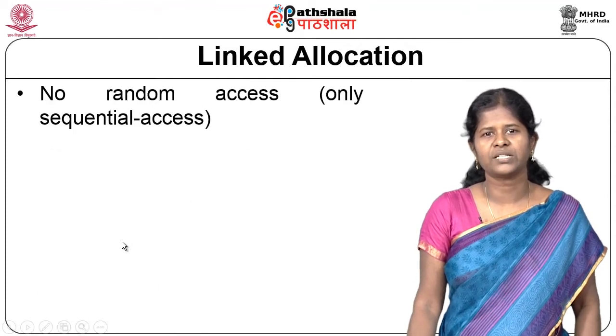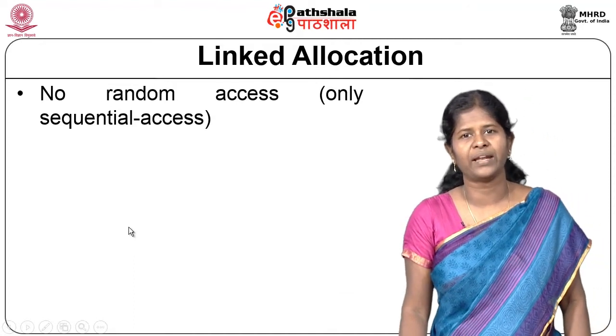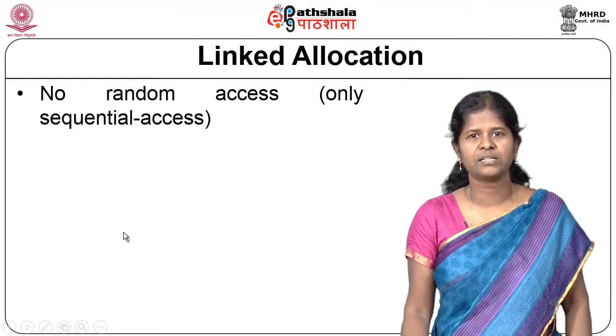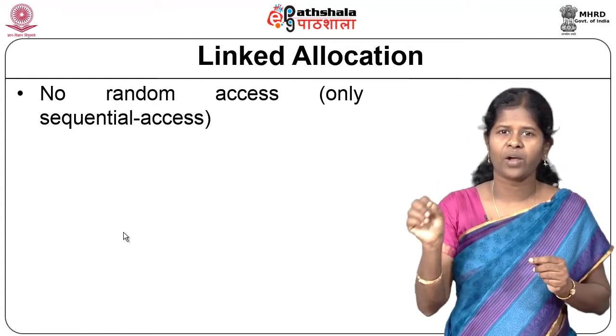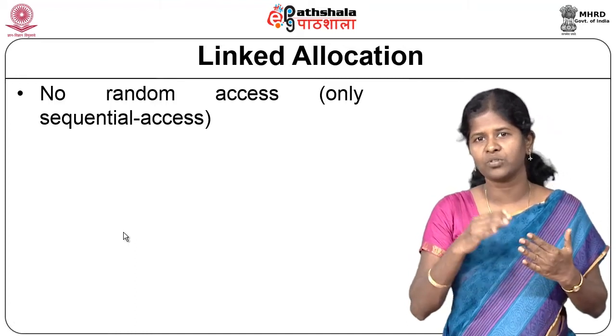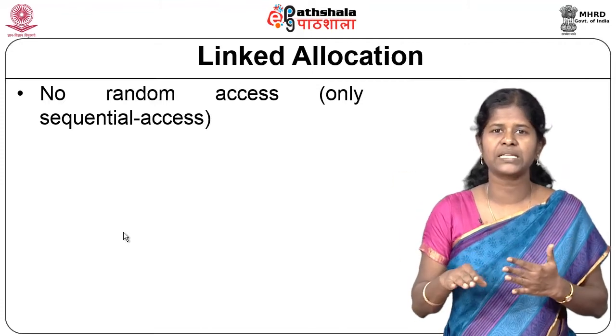The disadvantages here: the first one is that there is no random access. You can only do a sequential access in this case, that is from the directory entry you have a pointer to the first disk block, and only after moving to the first disk block you can move to the second disk block, and so on. So, only the sequential access is possible.